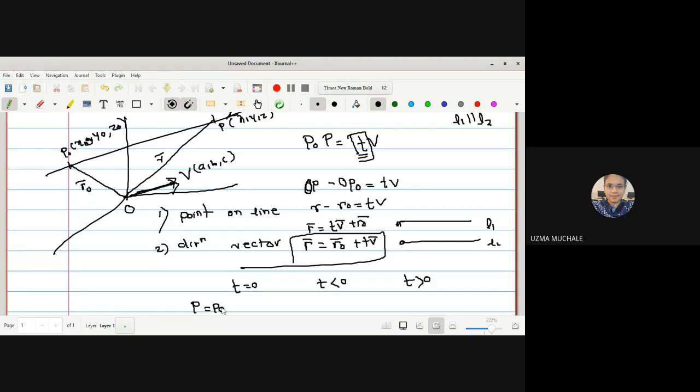If you understand one of them, you can understand the second one. Just tell me what. T is a scalar, no doubt it is a scalar. So what will be the effect of that t?